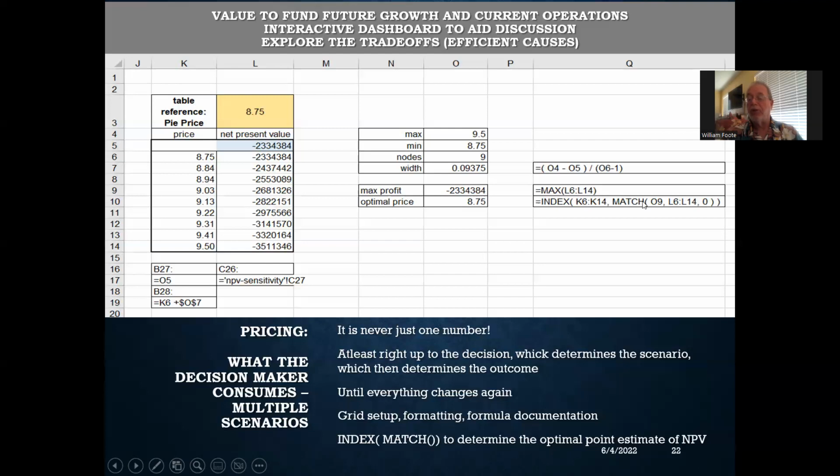Match actually brings us to the right row. Okay, the right row. The max of this array, the right row.